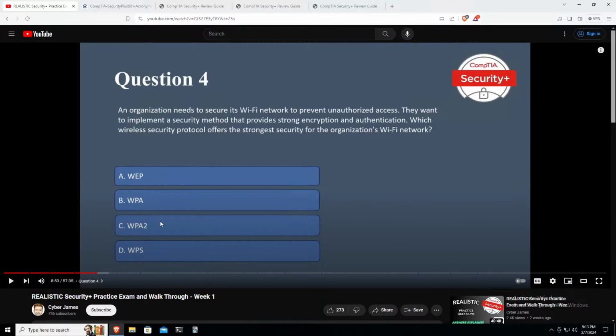Well, this is a way to gain access to the network without a passcode.